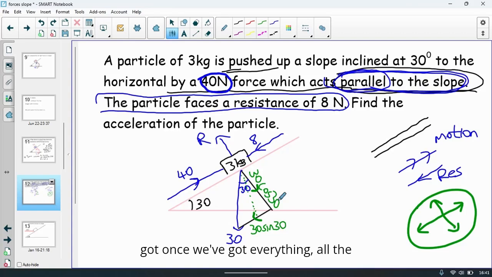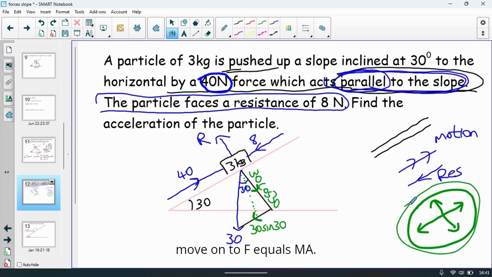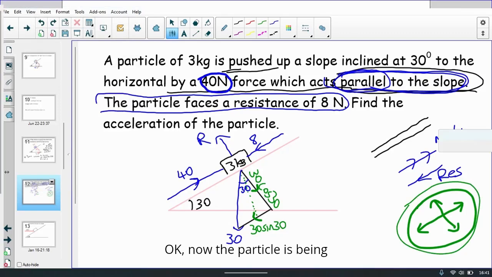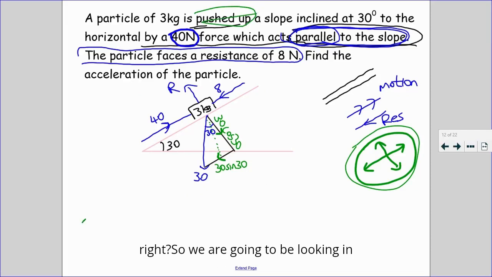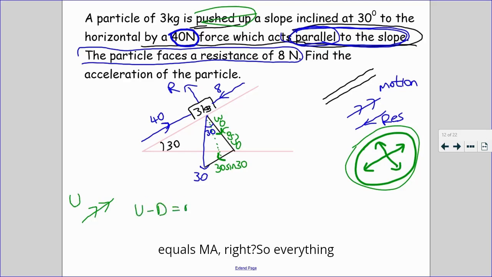So once we've got all the forces in this direction, then we can move on to F equals ma. Now the particle is being pushed up, as it says in the question, right? So we are going to be looking in this direction. Because the particle is being pushed up, we have to do up minus down equals ma.